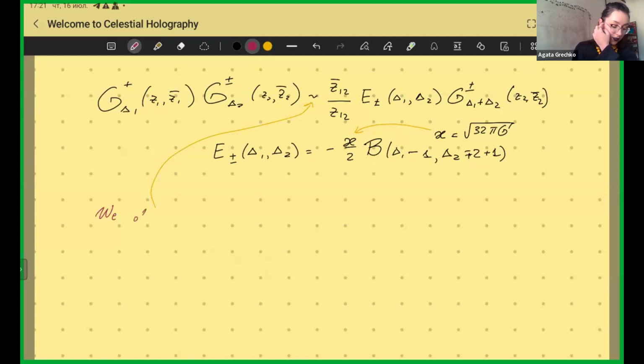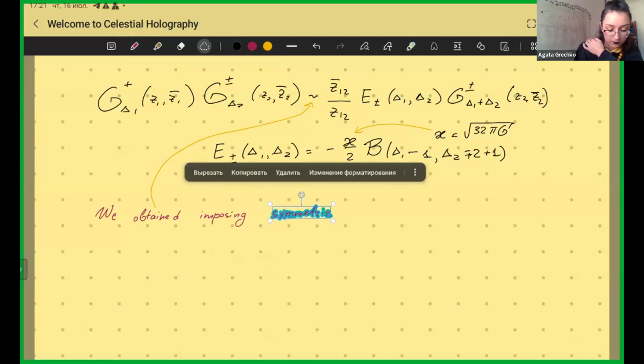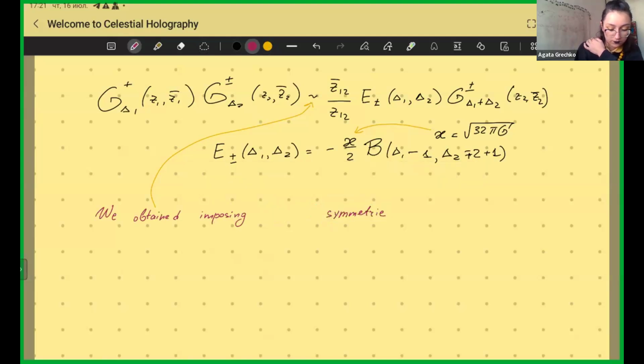So we obtained it by imposing asymptotic symmetries on the celestial OPE, right?